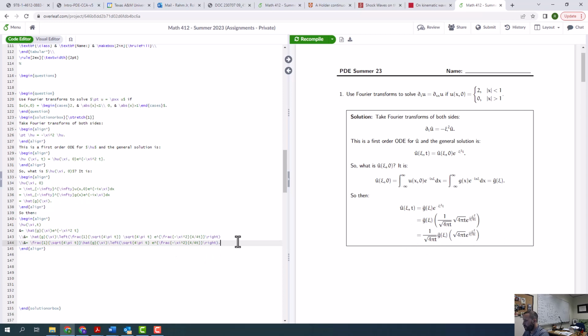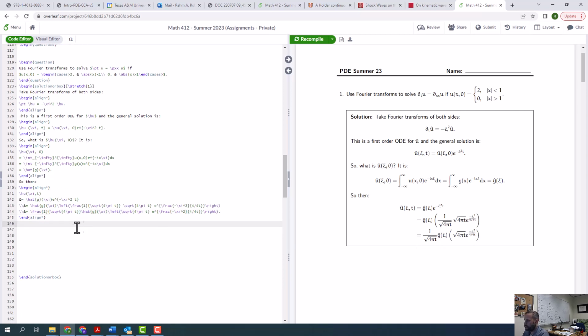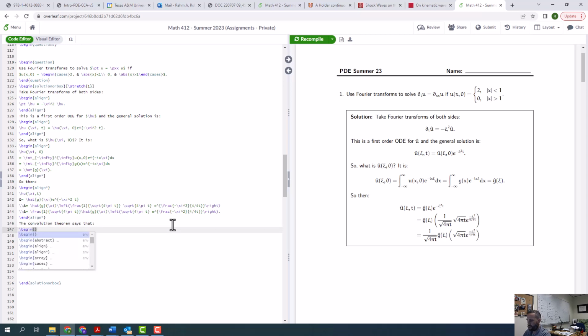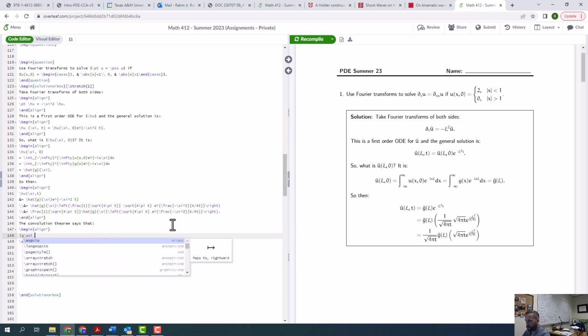And now I'm going to use the convolution theorem. The convolution theorem says that if I look at the Fourier transform of G convolved with F, I'm going to write it as F convolved with G. Well, I forget.